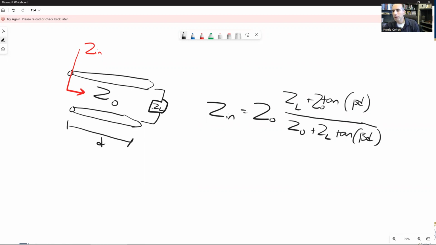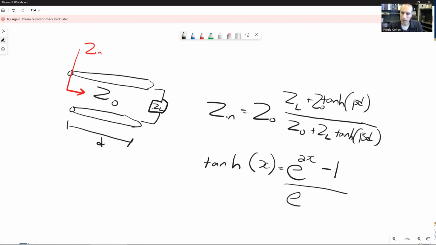All right. Now, in order to modify this for lossy transmission lines, it's actually a pretty simple modification. I'm going to get rid of this tangent and replace it with a hyperbolic tangent, where tanh of x equals (e to the 2x minus 1) divided by (e to the 2x plus 1).